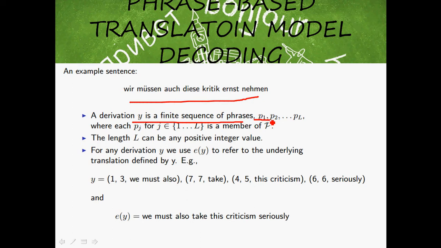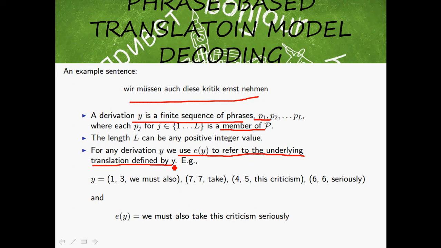And the p are members of this P, the set of all phrases for a sentence. For any derivation, we use e of y to refer to the underlying translation defined by y.